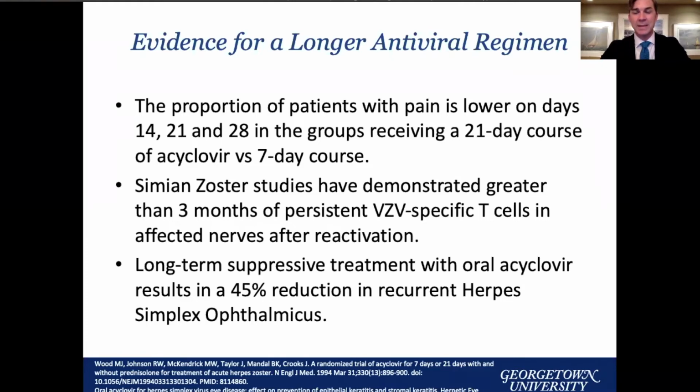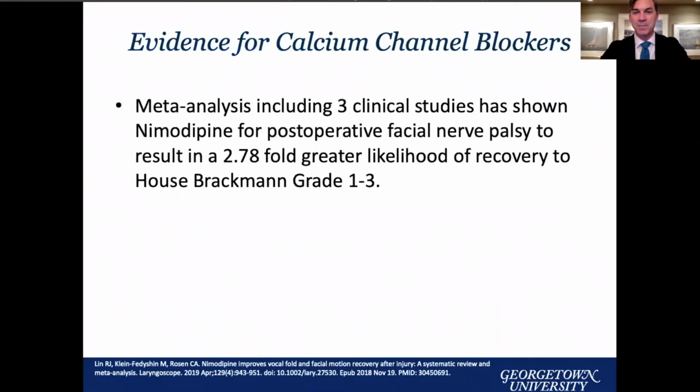And then lastly, the ophthalmologists have known for more than 20 years that a longer duration of antivirals in treating herpes simplex ophthalmicus, a sister condition to herpes simplex facial neuropathy, leads to better outcomes, specifically in the eye, a 45% reduction in recurrent herpes simplex ophthalmicus cases, specifically in stromal keratitis, which is one of their major clinical signs of infection.